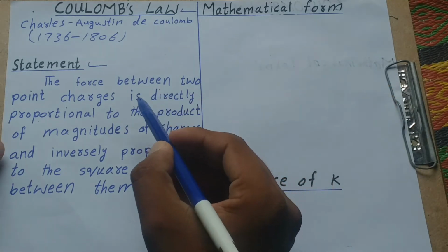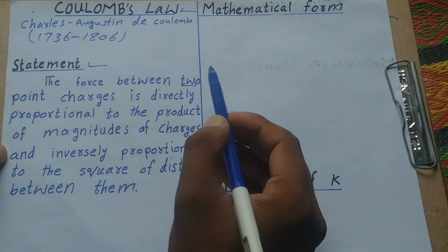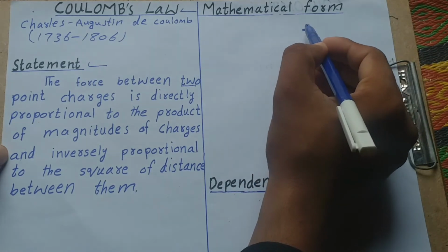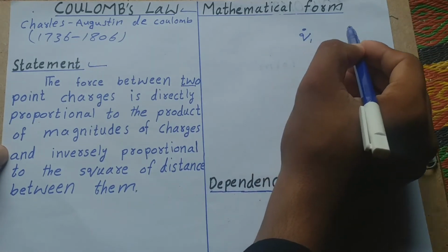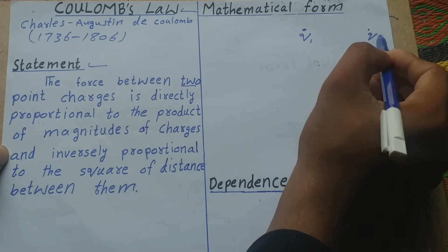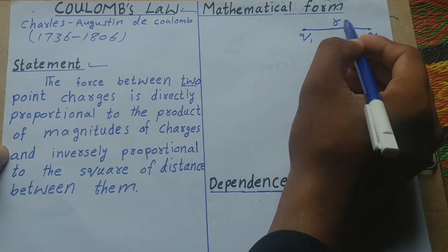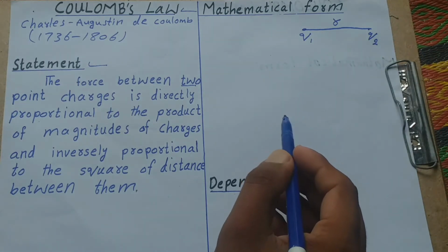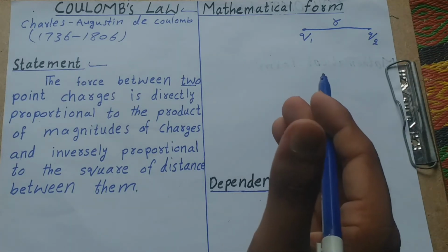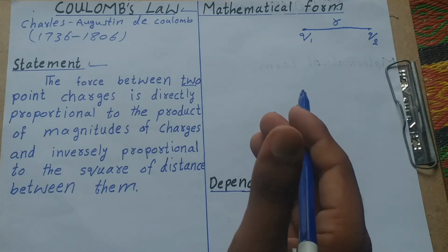For example, two charges Q1 and Q2. R is the distance separating them, meaning R is the distance between Q1 and Q2.